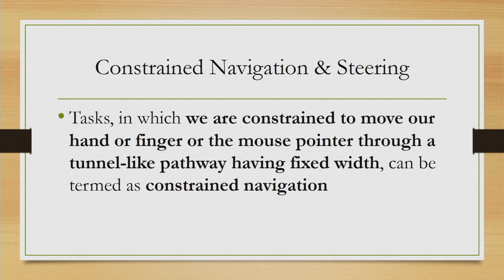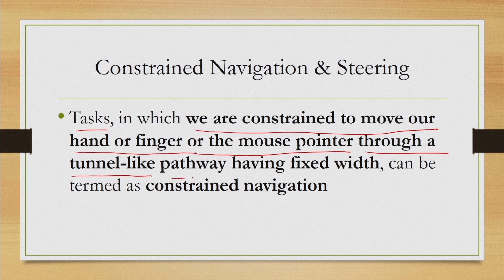Earlier we have discussed it in an informal way. Here let us define it. Constrained navigational tasks are tasks in which we are constrained to move our hand or finger or mouse pointer through a tunnel like pathway having fixed width.